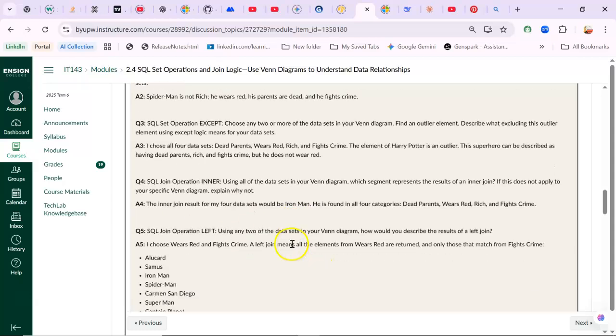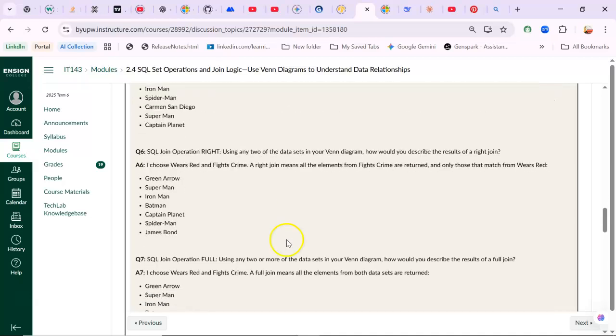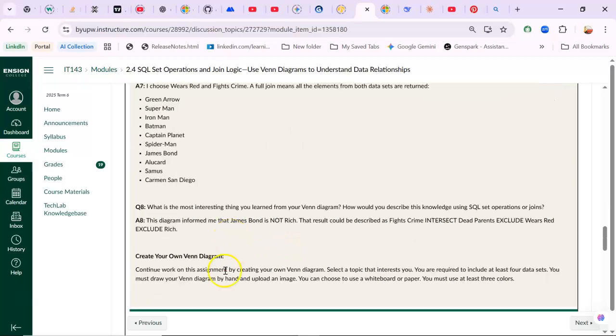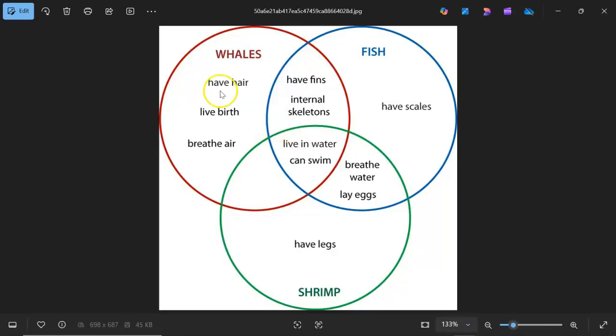The last question is question 8. What is the most interesting? The most interesting thing I learned with this Venn diagram is the wolf feature.